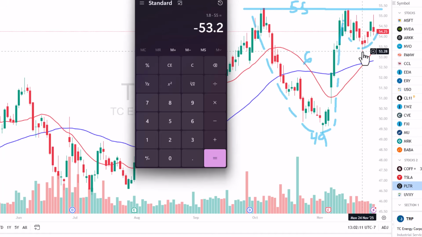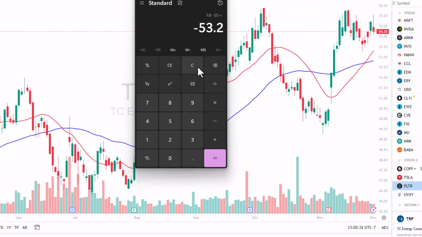Boy, that's just about where that is. That's 53.27 is kind of the low there. See how that's handling in that. This is 30% of the size of this. That's exactly how it should go. And TRP, probably going to go and break out to the upside more times than not.